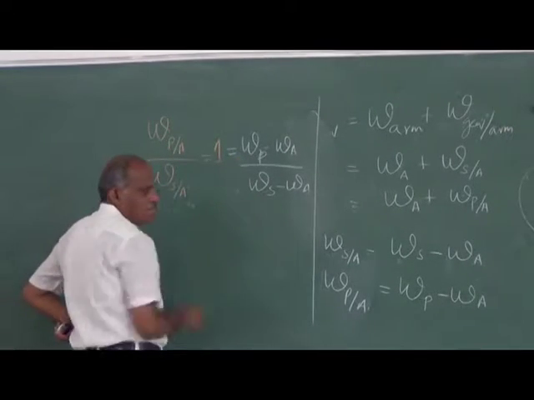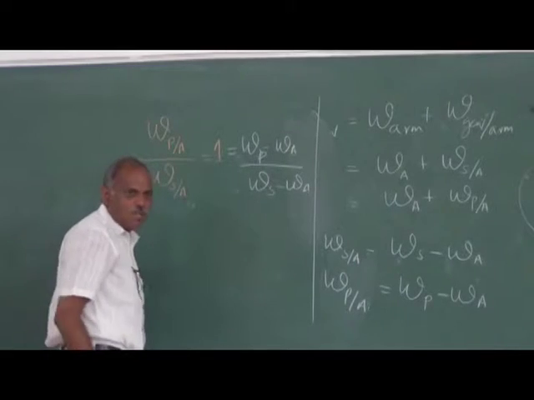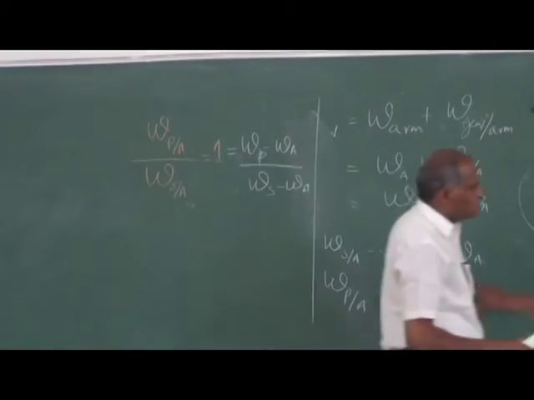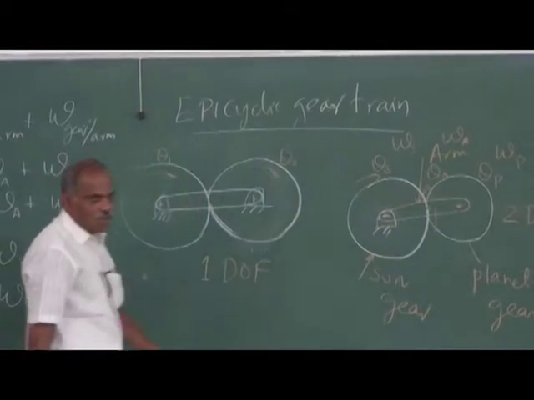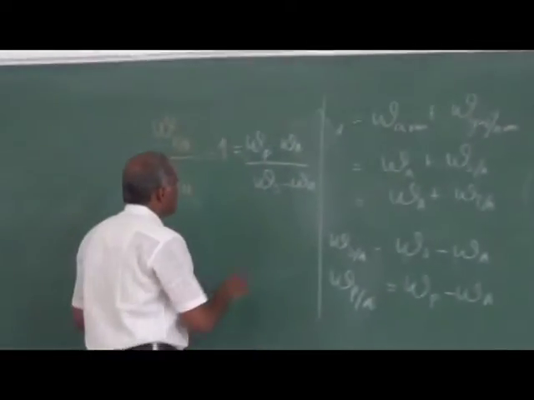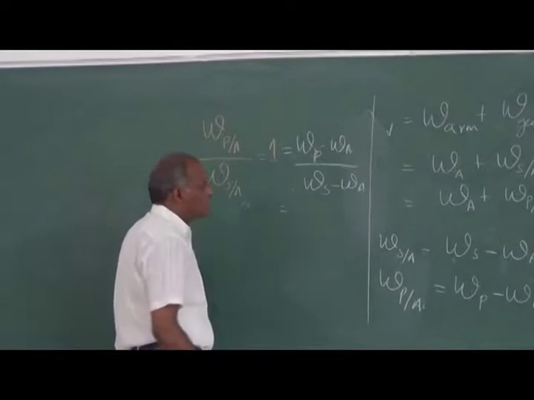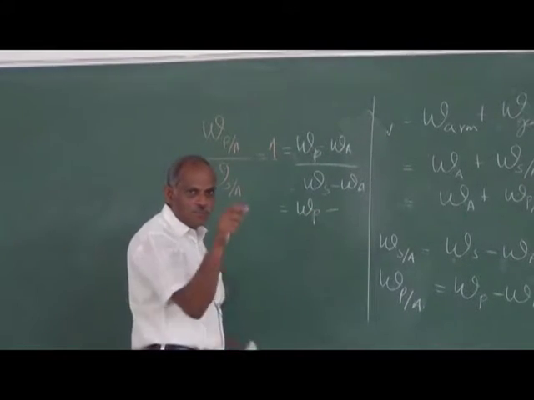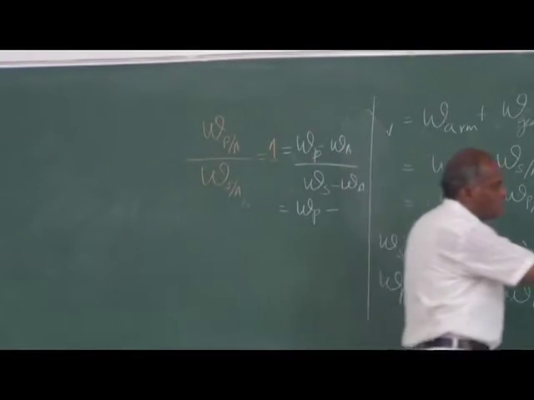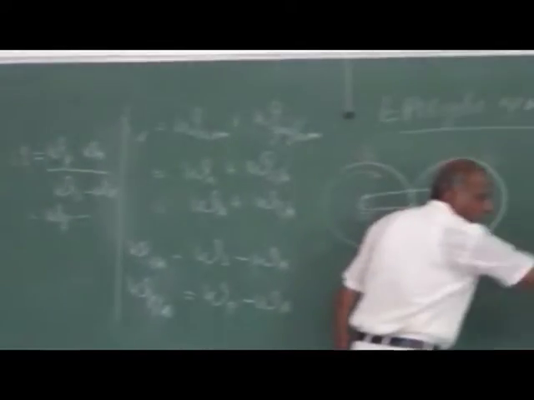Now omega p is what we want to estimate, the angular velocity of the planet gear. So we will say that omega p minus omega arm, the connecting arm having completed one rotation.